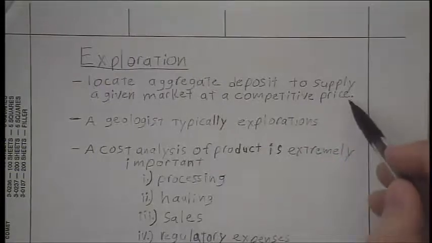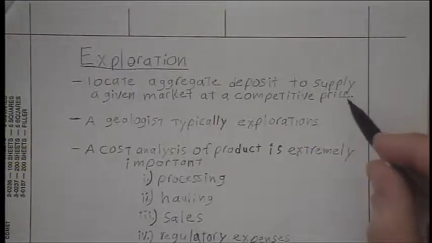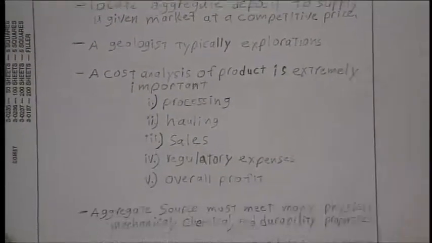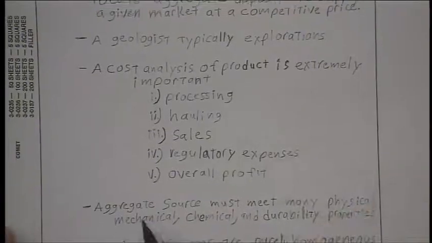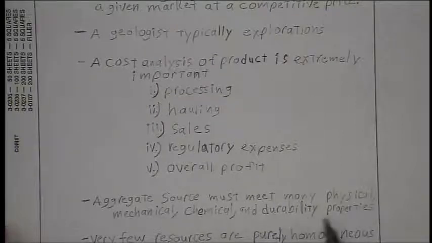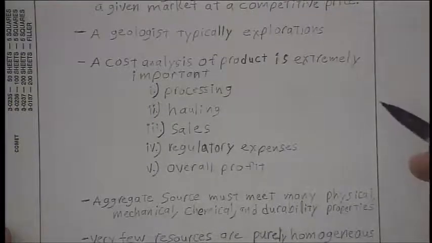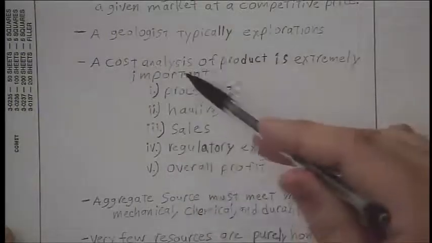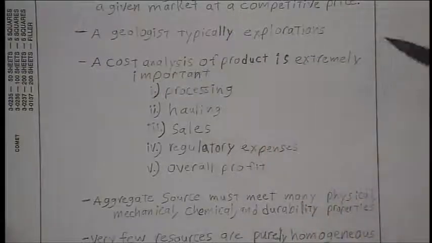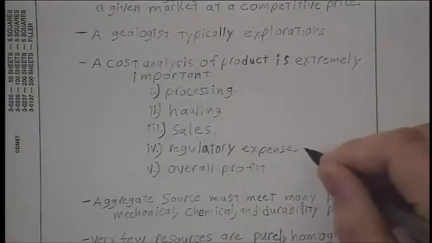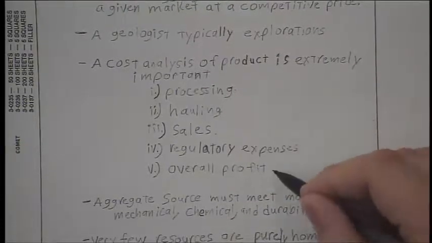So they'll go around and try to find a rock quarry or a sand source, and this is extremely important because the aggregate source must meet many physical, mechanical, chemical, and durability requirements, and at the same time the geologist has to do a cost analysis on all this. So he has to look at the processing, the handling, the sales, the regulatory expenses, and then the overall profit after he looks at a source.